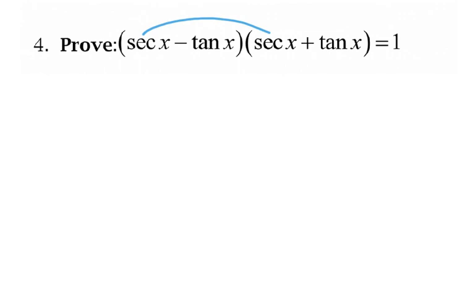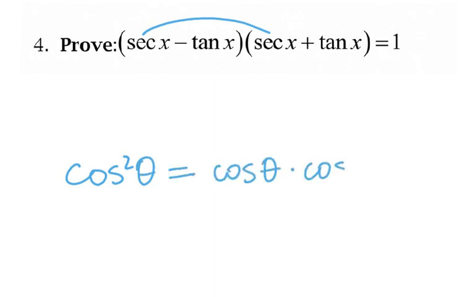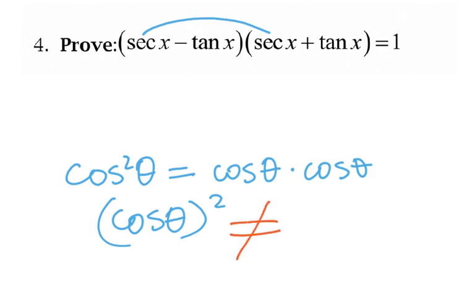Before we write that down, let's go through a couple of things, and I'll use cosine to do this. If I have cosine squared theta, that means cosine theta times cosine theta. You could also write it as cosine theta, quantity, squared. What it is not equal to is cosine of theta squared.